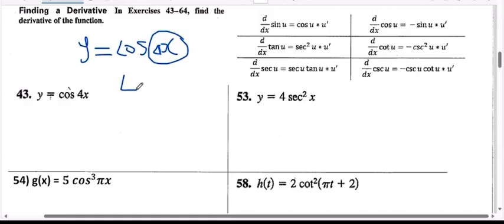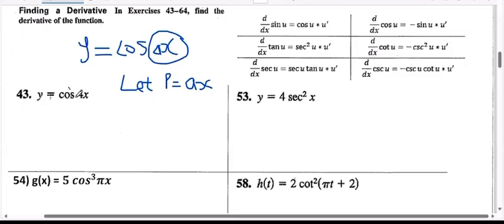So let p equal ax. And if p equals ax, like I said, the a here can be 4, can be 5, can be negative 3, but here now it is 4.